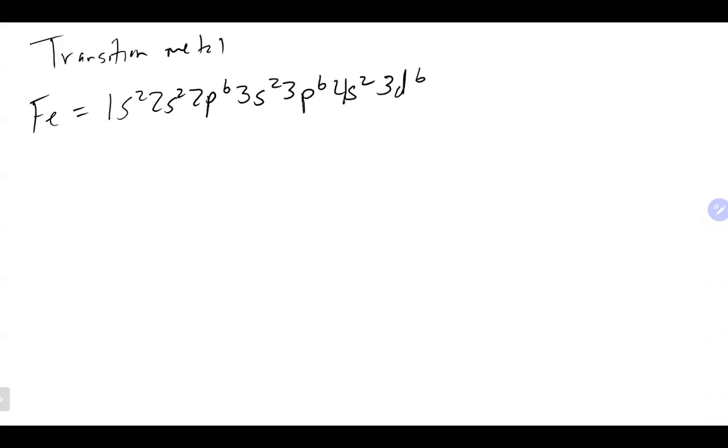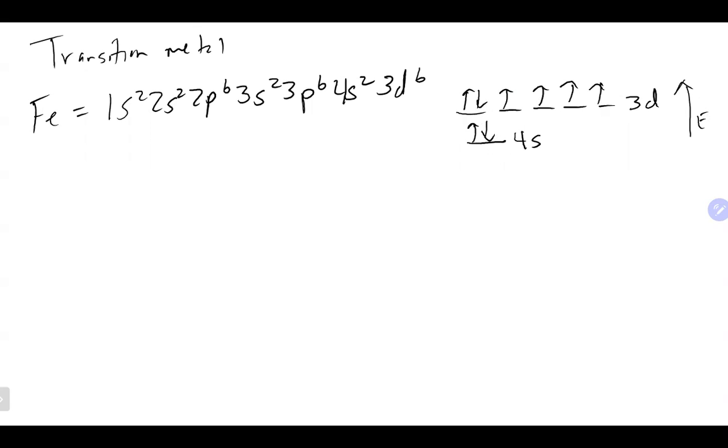Now, what happens in atoms is, if we just specifically look at the 4s orbital followed by the 3d orbitals in terms of energy, when electrons go into the atom, the 4s is lower in energy, so it fills first, as we talked about.